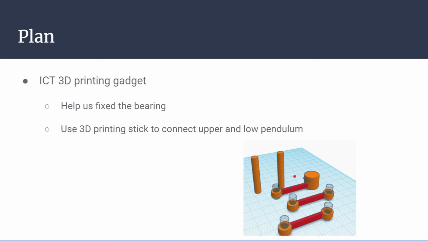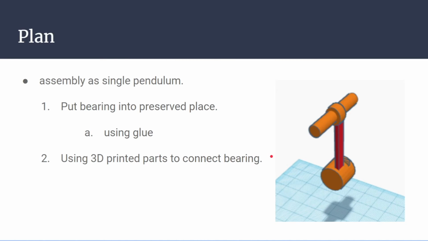And there are 2 sticks. Okay. We will use the rods with 2 holes as the upper pendulum and the rod with 1 hole as the lower pendulum to simulate a double pendulum. Now let's talk about how we assemble the gadget and bearing as a single pendulum.